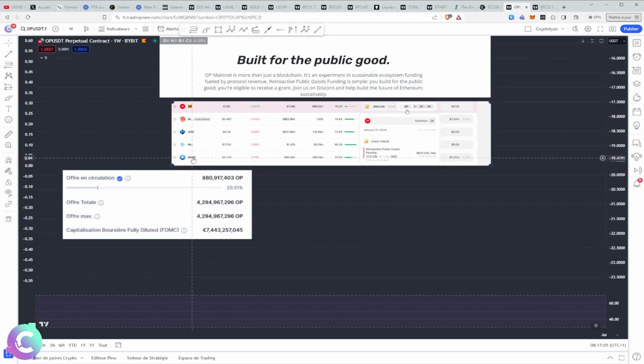We are on something valued at around $1.314 billion, but diluted. That means when all of the OPs are released, the price of the token in relation to the number of tokens gives 7.5 billion, which is still relatively significant in the bear market, and already positions it very quickly in the crypto tops.